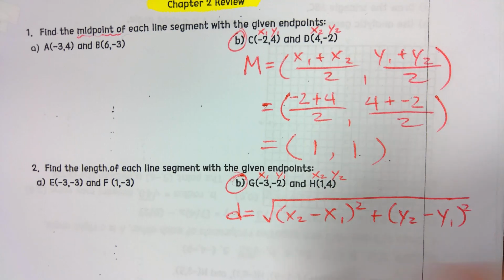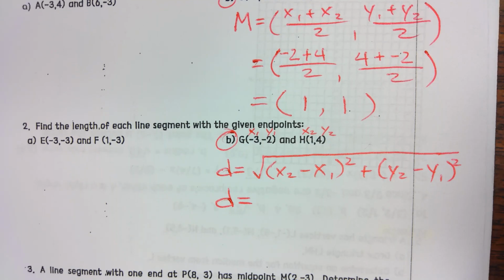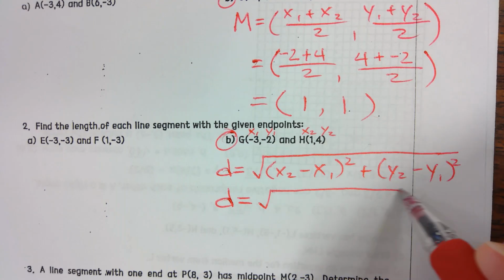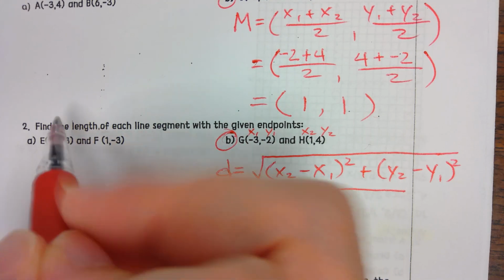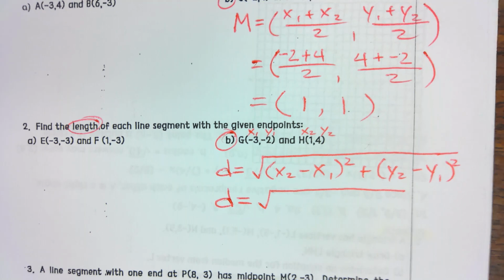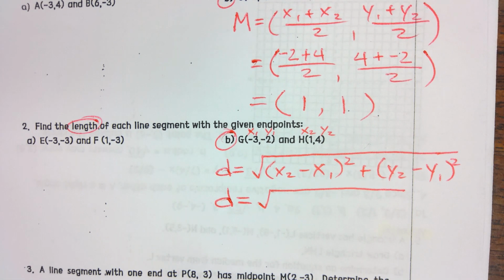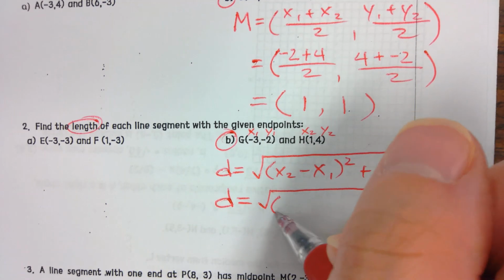You don't get marks for just writing down the formula, but it helps. It helps to make sure you don't make a silly mistake and plug in the wrong numbers. Remember, length means the same thing as distance. Whenever you see it asks you for the length, you know this is the formula to use.